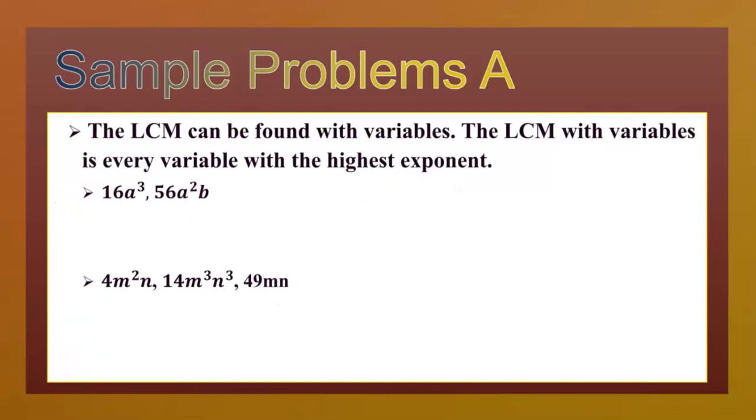A couple other ones. The least common multiple can be found with variables. The least common multiple with variables is every variable with the highest exponents. So let's do the 16 first. So 16 would be 2 times 2 times 2 times 2. And then I have 3 a's, so I'm just going to keep it as a cubed.